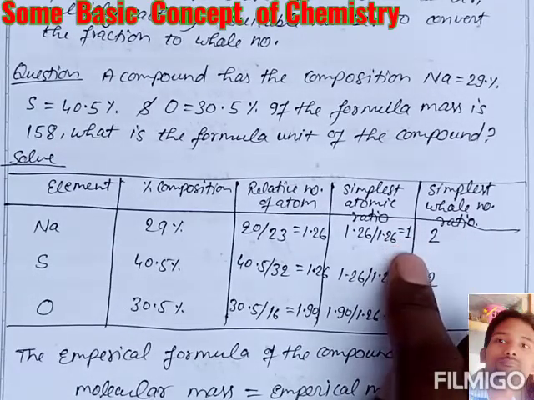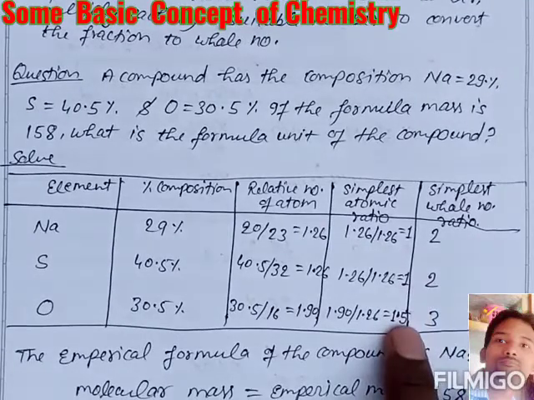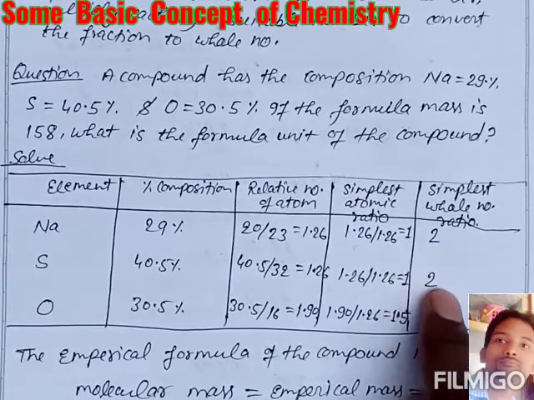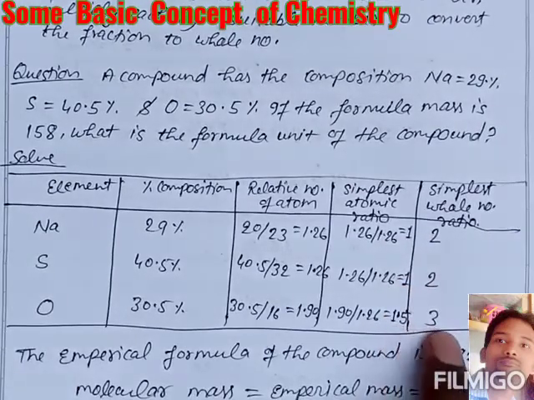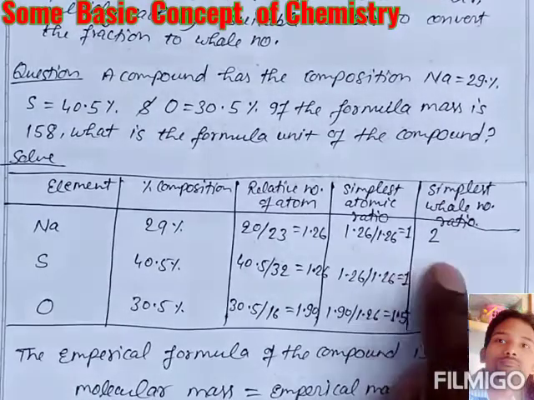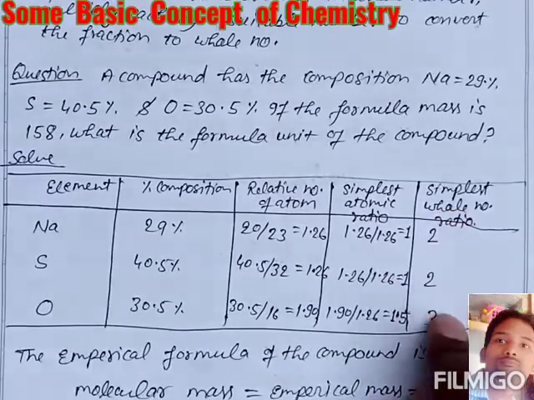The answer will be 1 into 2 is 2, 1 into 2 is 2, 1.5 into 2 is 3. These are the three numbers, the simplest whole number ratio after multiplying.